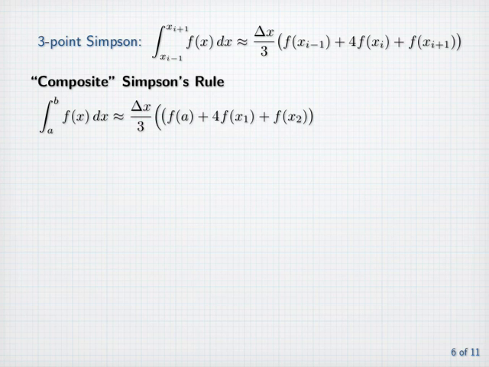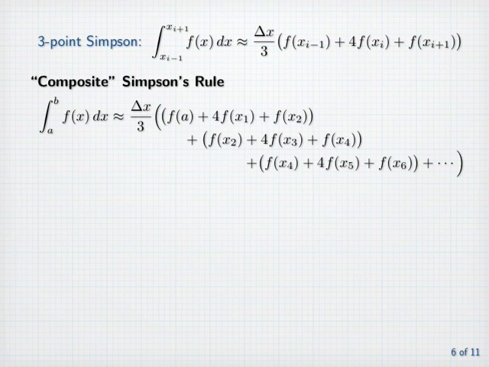Then we move over to the next pair of subintervals, and for that we need to use i equals 3 in our formula. That gives us delta x over 3 times f of x2 plus 4 times f of x3 plus f of x4. Then we shift over to the next pair of subintervals and we pick up an f of x4 plus 4 times f of x5 plus f of x6, and so on.